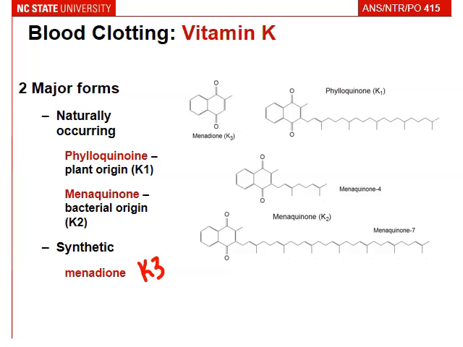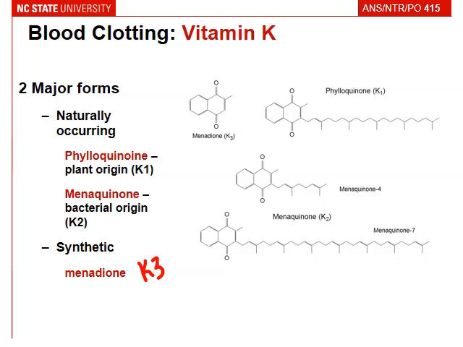Not important for this class to know, but there are two different types of menaquinone: menaquinone 4 and menaquinone 7. The main difference between phylloquinone, the plant version, and the menaquinone is that, especially with menaquinone 7, it has significantly more double bonds on the structure compared to the phylloquinone.